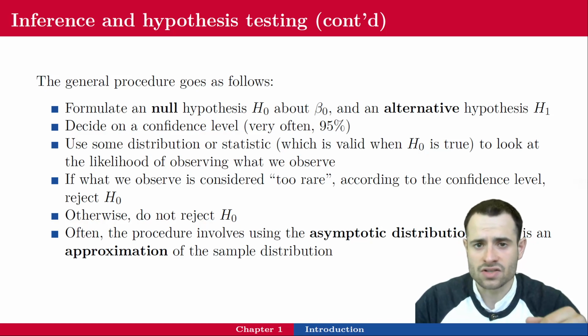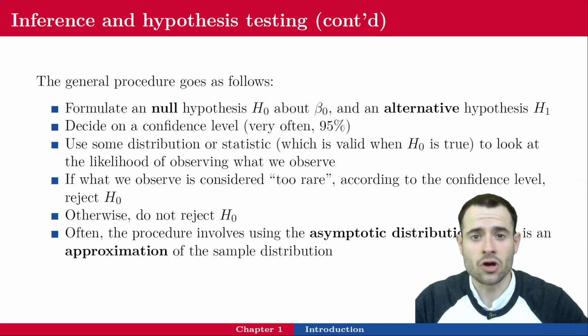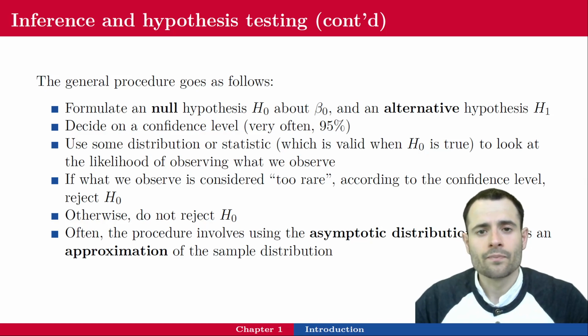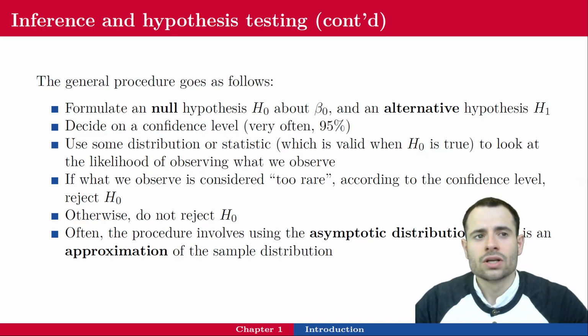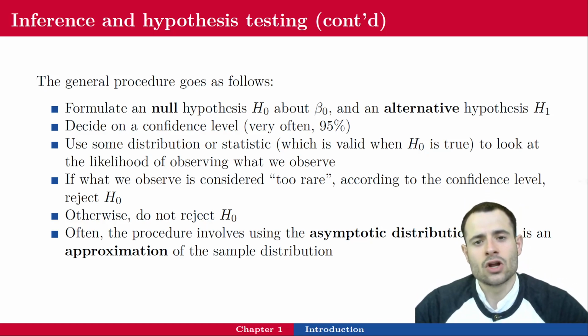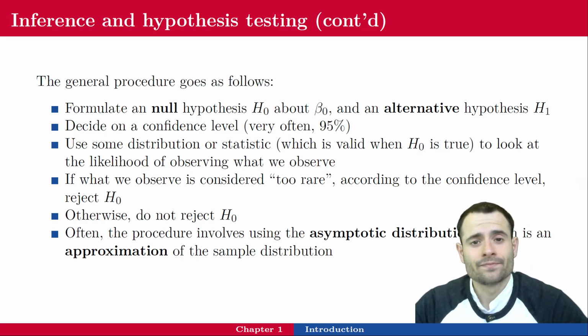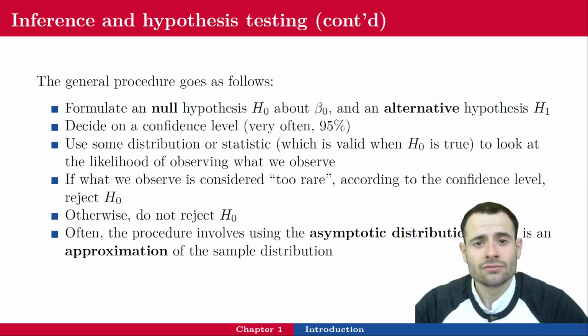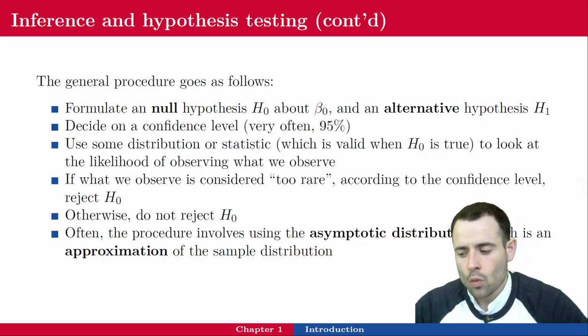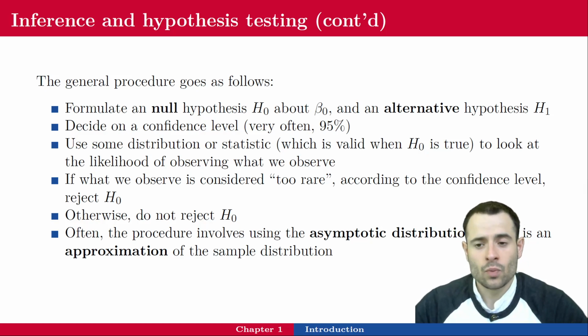It's equal to 1,000, 10,000, sometimes 100. So how good of an approximation is the normal distribution in this case? Well, that's up for debate. Sometimes 100 is enough. Sometimes 100 is not enough at all, and you need at least 5,000. So we use the normal distribution as an approximation.